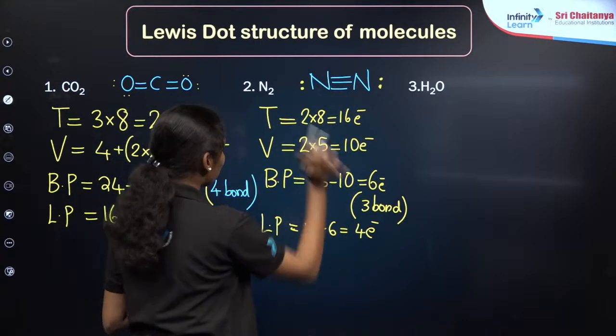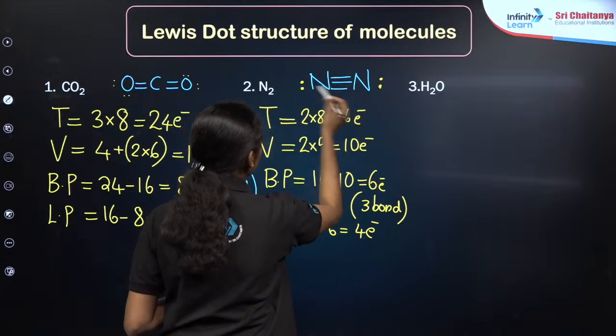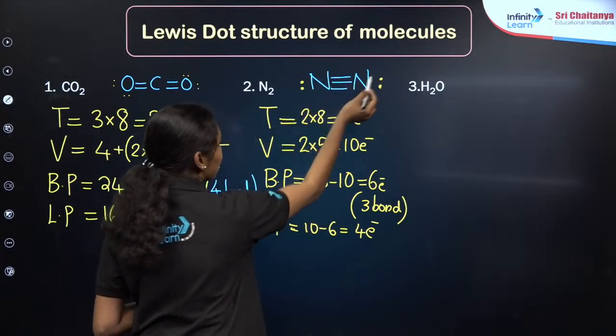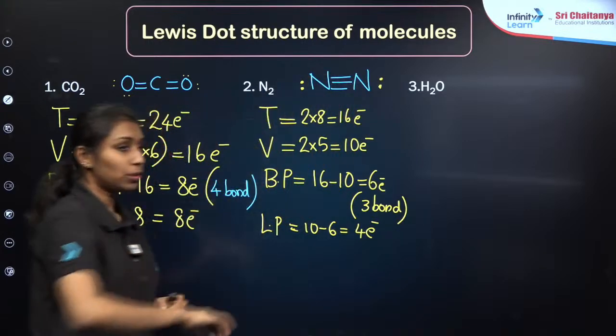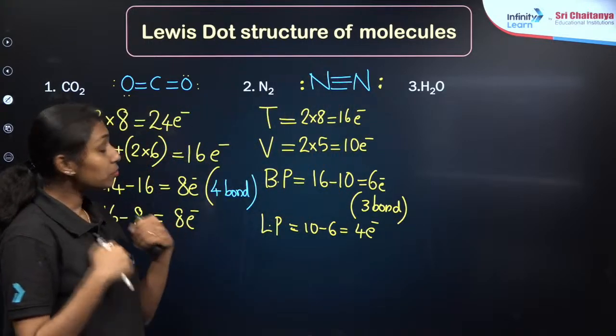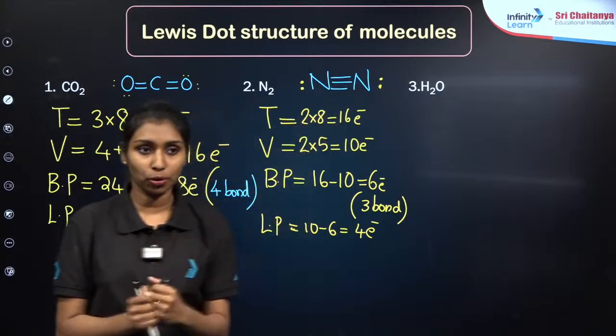If you are calculating the total number of electrons here, this particular nitrogen atom has 1, 2, 3, 4, 5, 6, 7, 8. It follows octet, right? Similarly, here also 1, 2, 3, 4, 5, 6, 7, 8. It also follows the octet rule, which means that mutual sharing of electrons happens, which means that this is an example of a covalent bond. Clear?